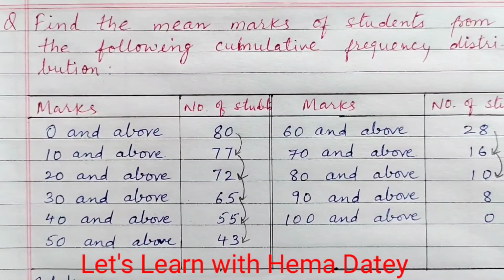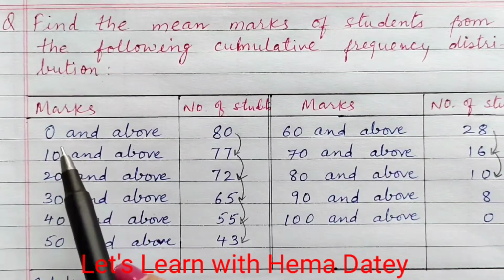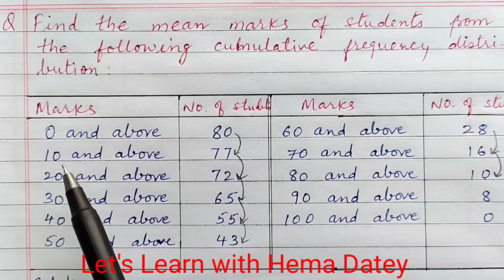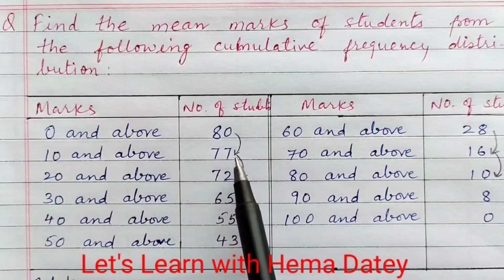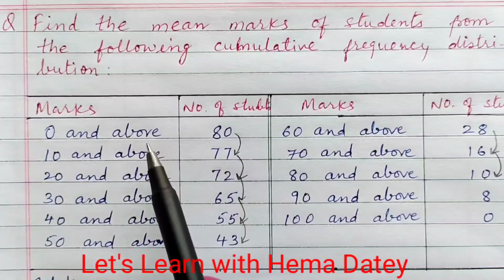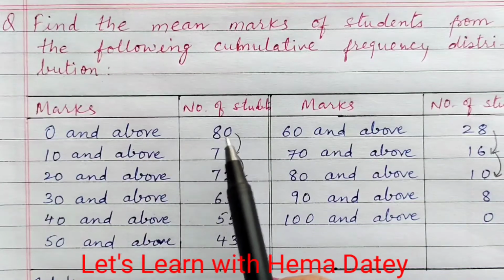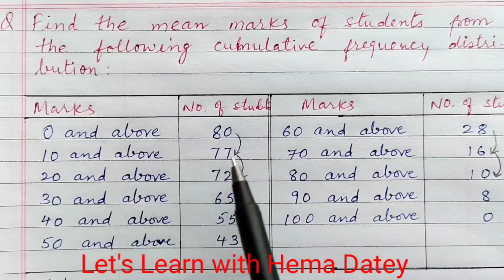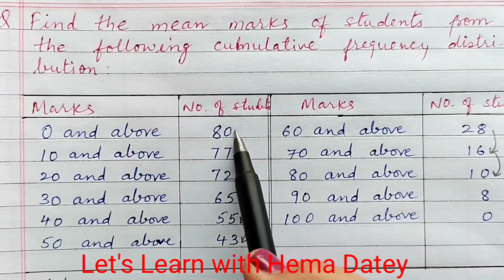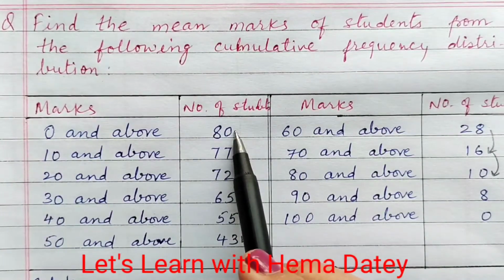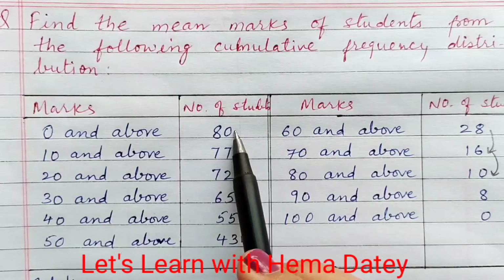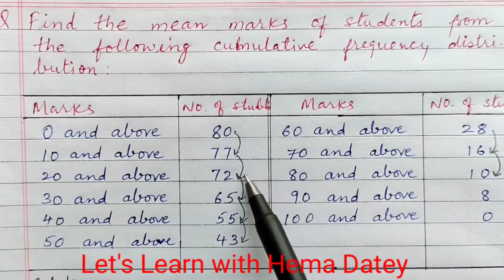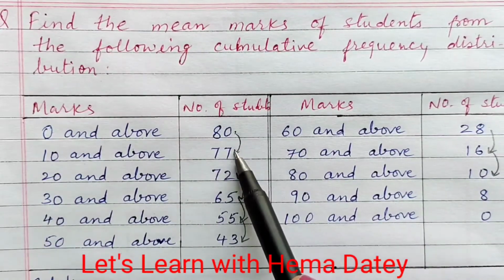Now here the students who have got 0 and above marks are 80 and the students who have got 10 and above marks are 77. So how to get the number of students getting marks 0 to 10? We will subtract this 77 from 80. Similarly, to get the number of students getting marks between 10 to 20, we'll subtract 72 from 77.